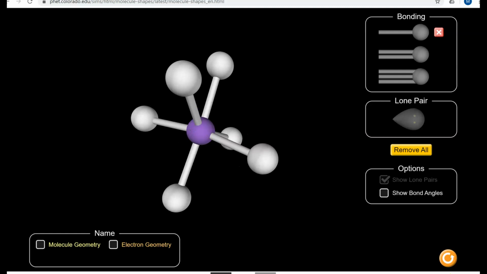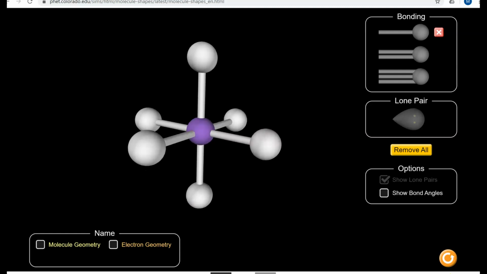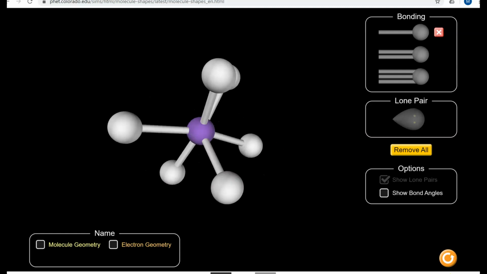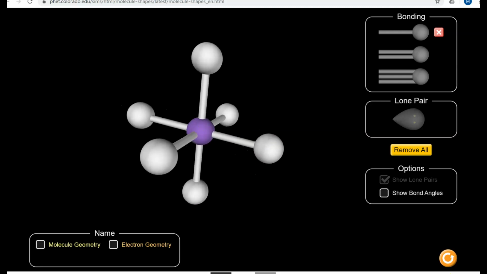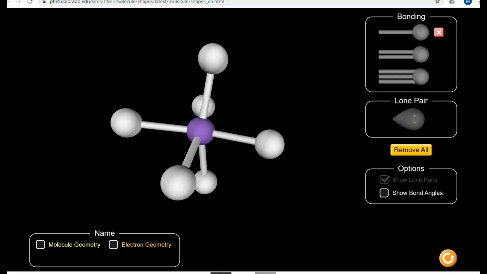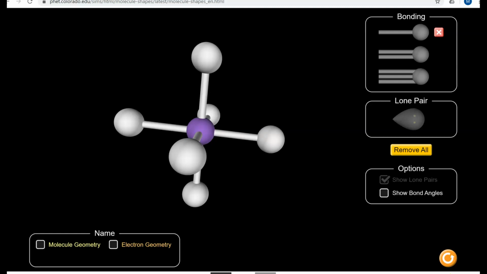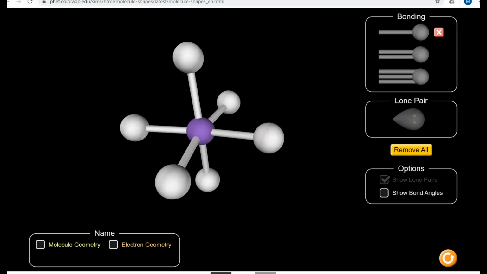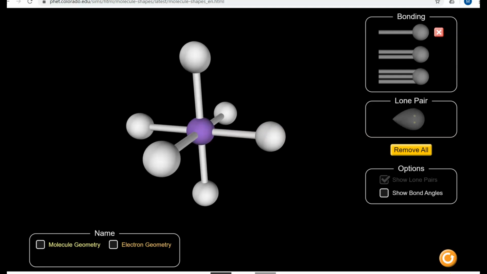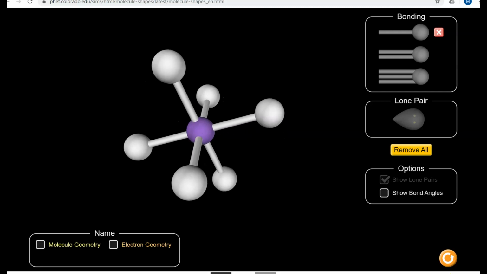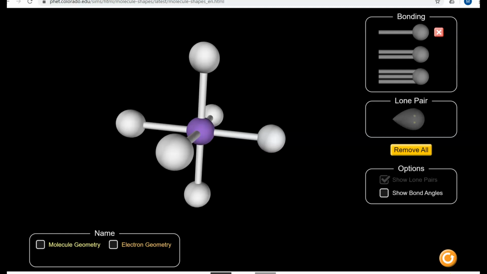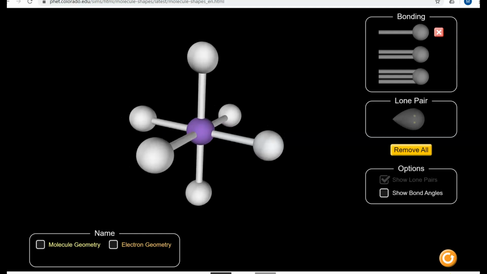In fact, you can grab any atom and move it to the top position. They're all exactly the same. There is no difference. That wasn't true before. In trigonal bipyramidal, there were definite axial and definite equatorial positions. Here, they're all equivalent. It doesn't matter which one you put to the top, you always reproduce the same exact shape.